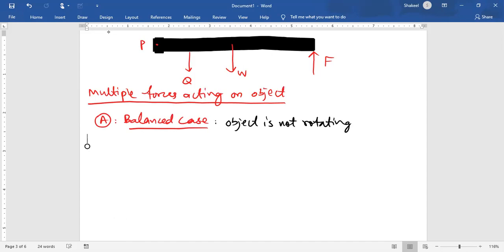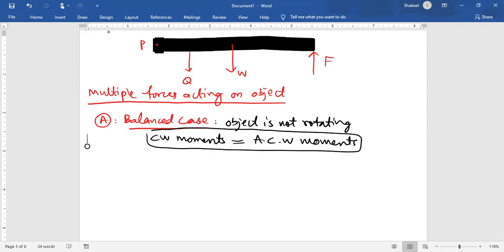It means that the moments due to all forces will balance each other. So we will say that clockwise moments equal anti-clockwise moments, because some forces will be producing clockwise moment and some anti-clockwise moment. When both the moments are equal, there will be no net rotation. This is the principle of moments.